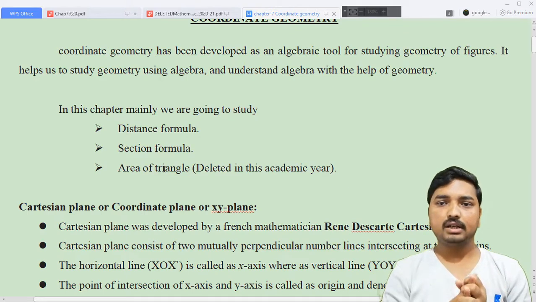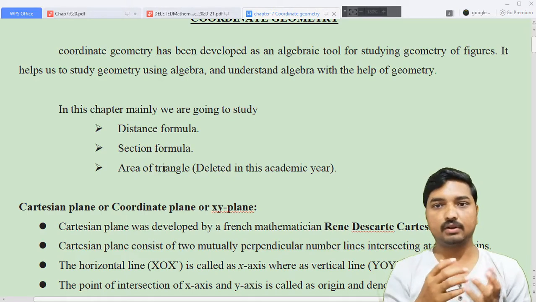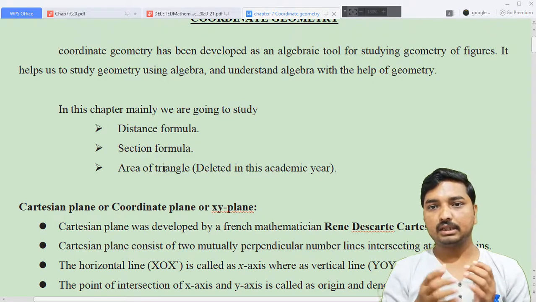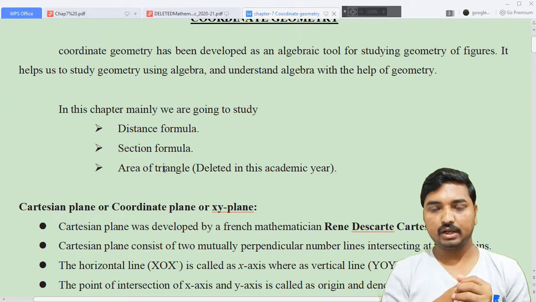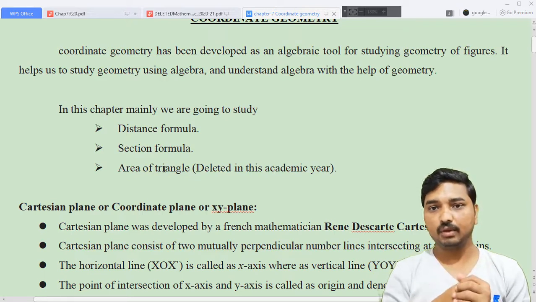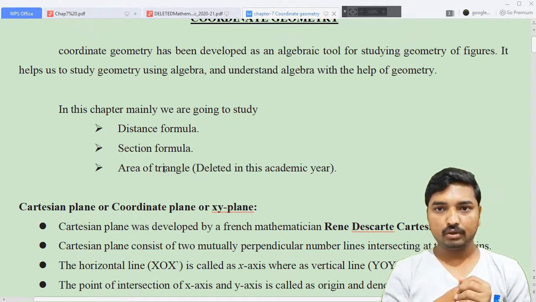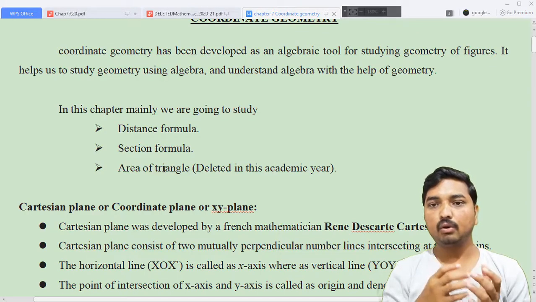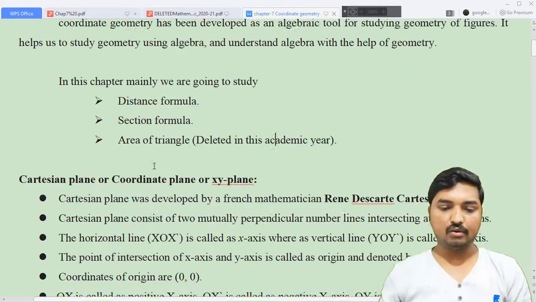But I'm going to recall them once again for you. You can open the 9th standard textbook and read it once, then all the concepts will be recalled for you. But even so, I'm going to explain all those things here. If you listen to this class carefully, you will recall all those concepts. Okay, so now let us begin.